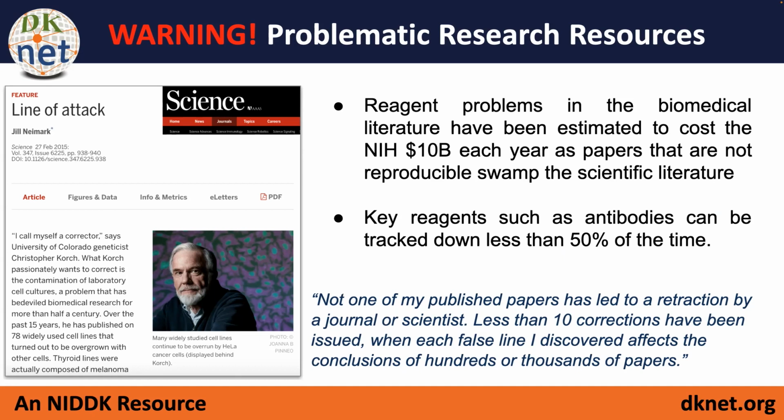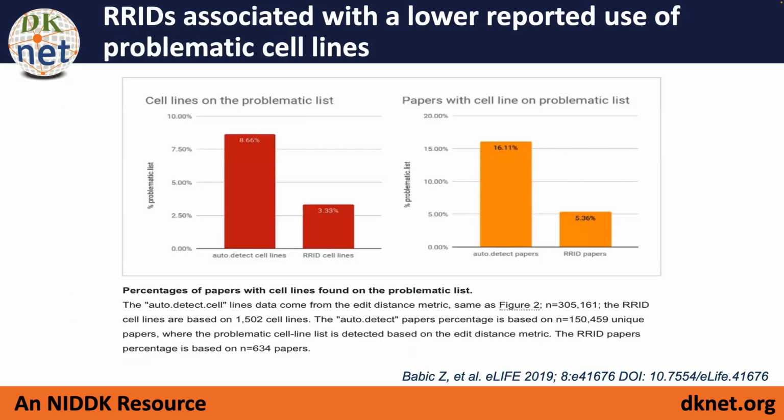And if key reagents such as antibodies in the literature can be tracked down less than 50% of the time, that is a critical issue. And so, for problematic research resources, how does one get information about these resources to the investigator?